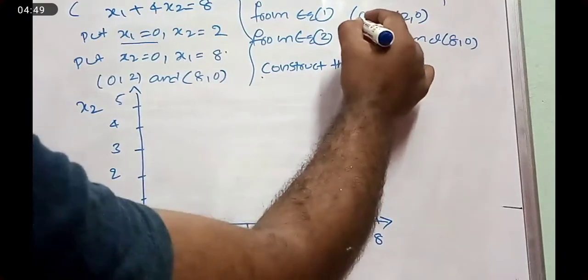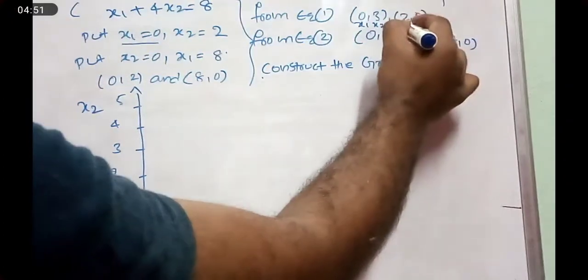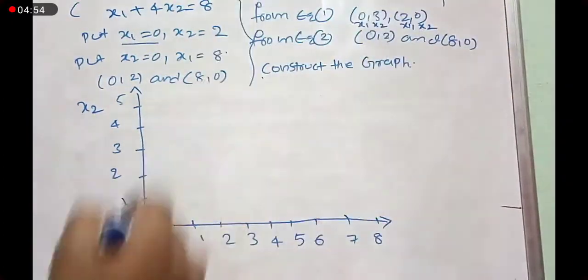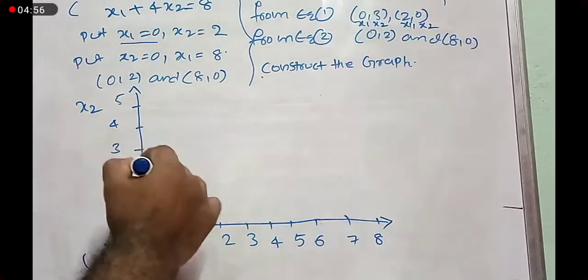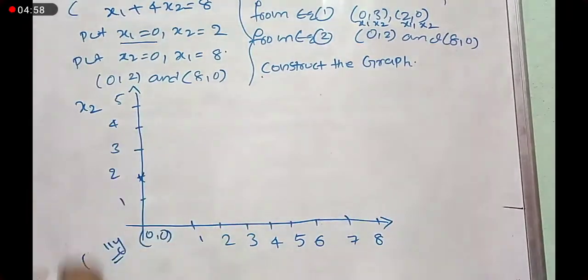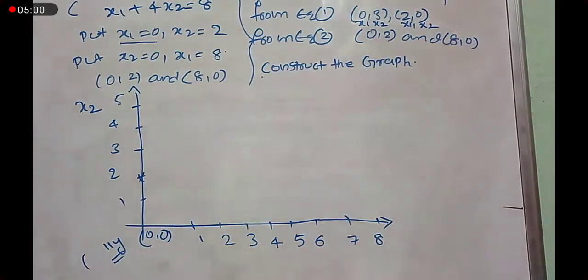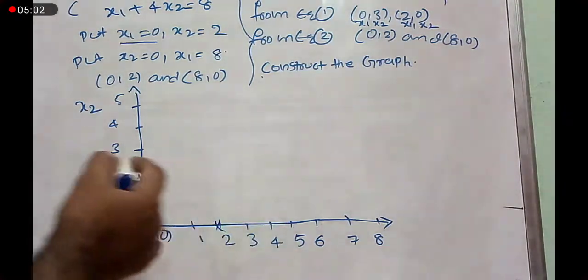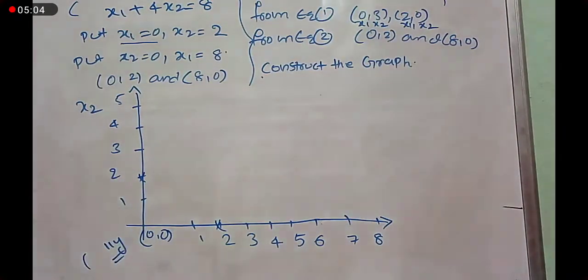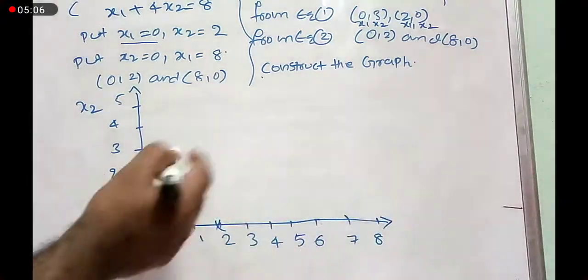The first equation has 0, 3 and 2, 0. Let us plot these first, so that the next equation can also be plotted on the graph.